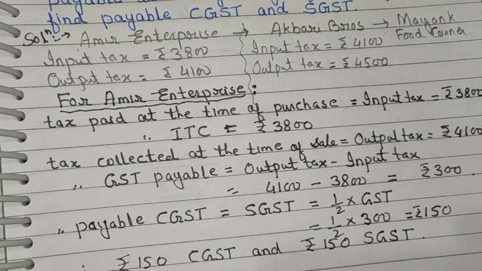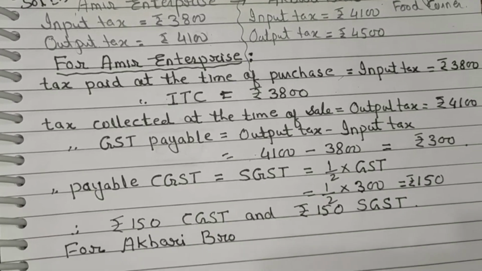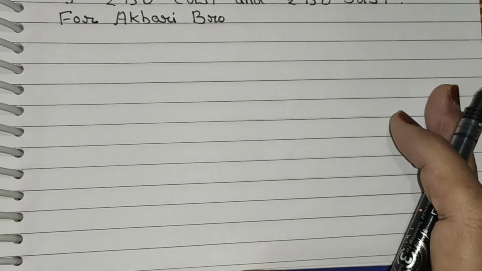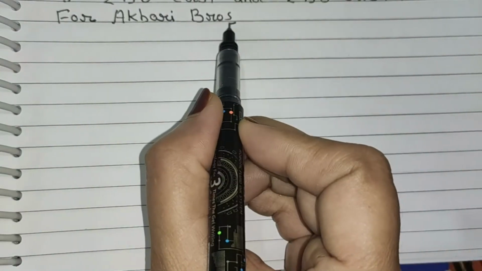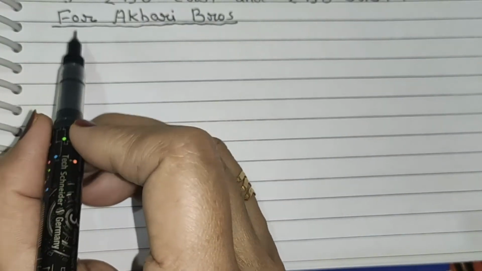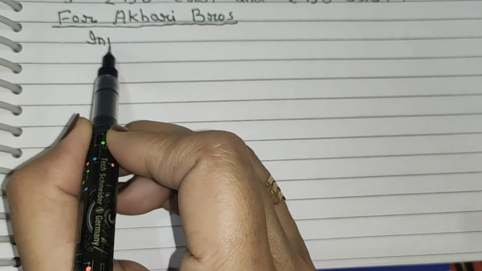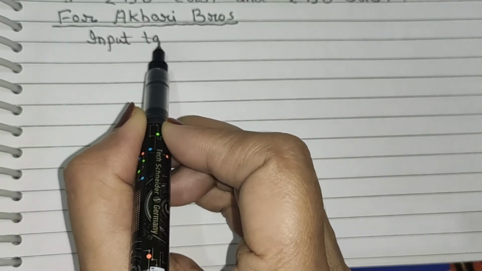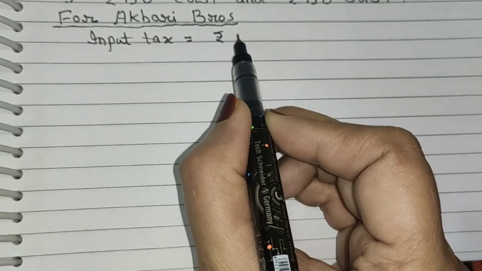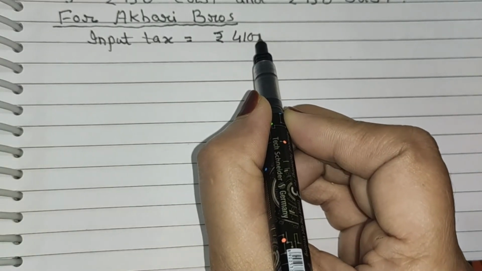Now the next is for Akbari Brothers. Input tax for Akbari Brothers: tax paid at the time of purchase, which is equal to rupees 4,100.